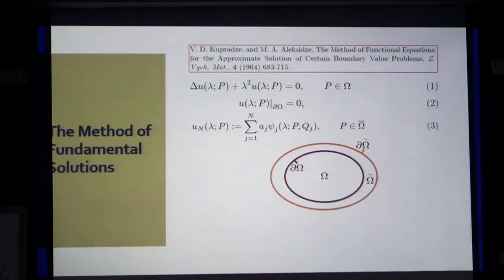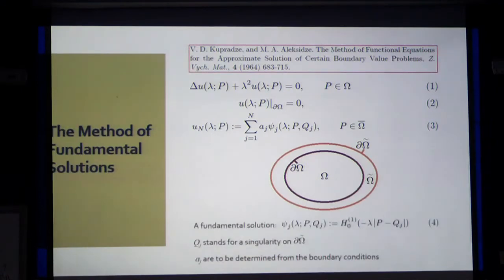In this case, the fundamental solution is the Hankel function of the first type of order 0, and it is based on this parameter lambda, which is some scalar. The solution is constructed using some other domain, denoted here with this omega tilde, which has this omega domain inside, and for which the boundary is denoted this way.